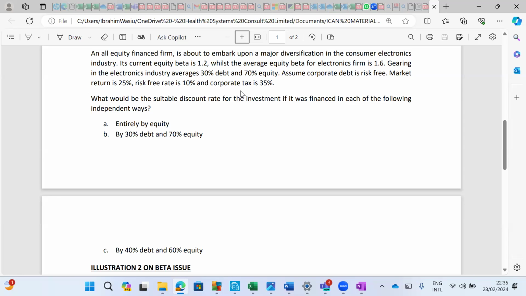Debt is risk-free. When corporate debt is risk-free, what is the formula for cost of debt then? Anybody? If I tell you that corporate debt is risk-free, what is the formula for cost of debt? Zero. Not debt beta now, cost of debt.